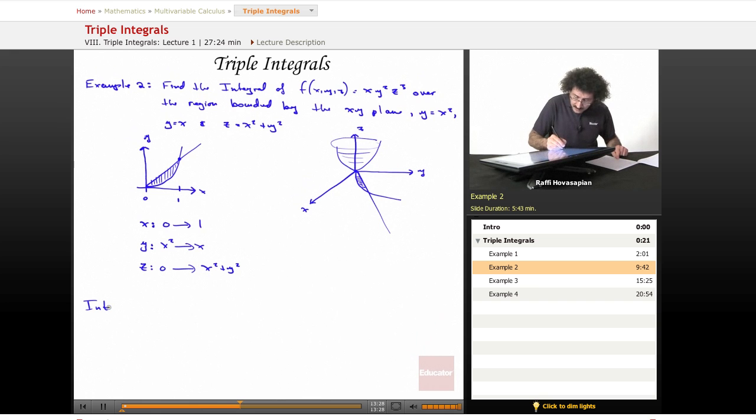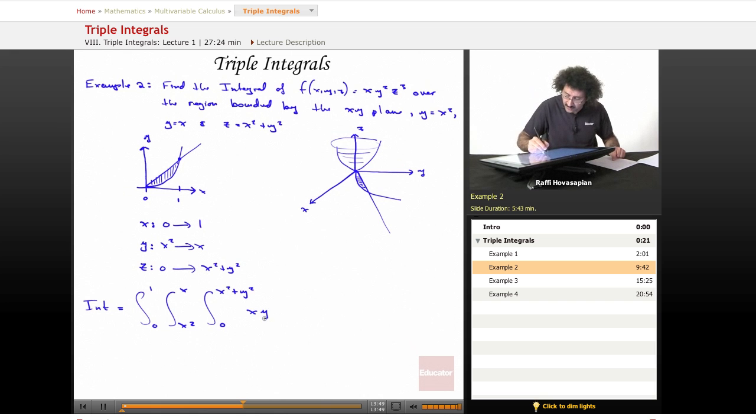So our integral is going to equal, so 0 to 1 for x, x squared to x for y, 0 to x squared plus y squared for z. We have x, we have y squared, we have z cubed, and now this was x, this was y, this was z.